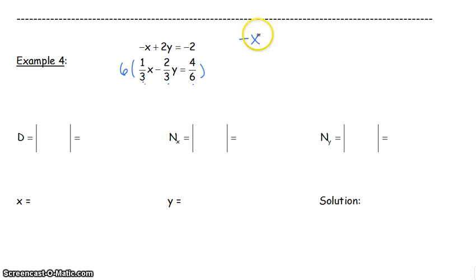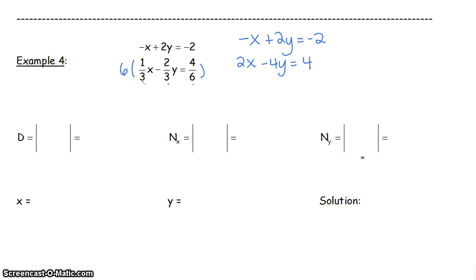So our first equation stays as is. Our second equation becomes 6 times 1/3 is 2x. 6 times -2/3 is -4y equals 4. So again, what your goal is, start by setting up your D, your n of x, and your n sub y.